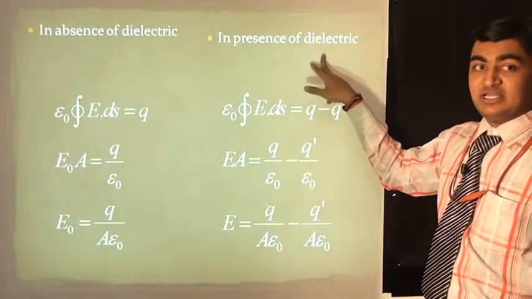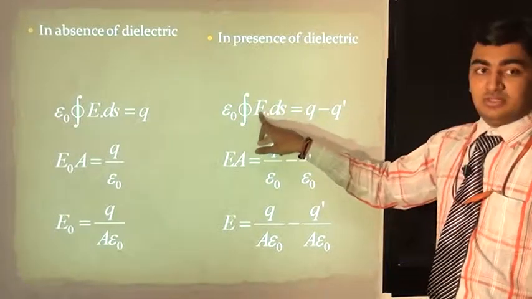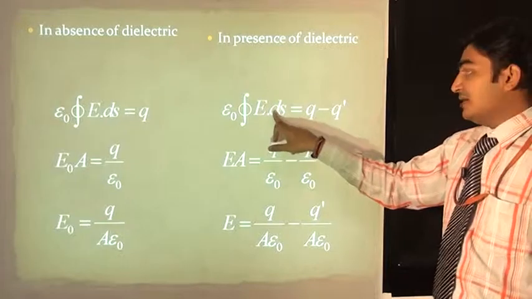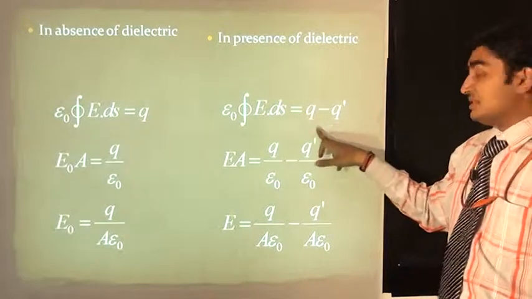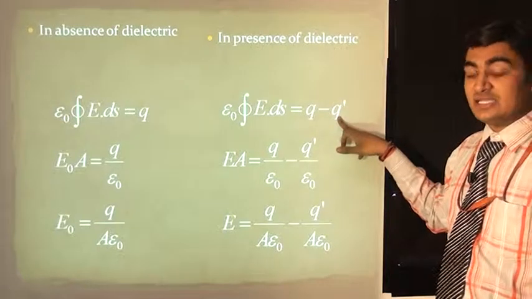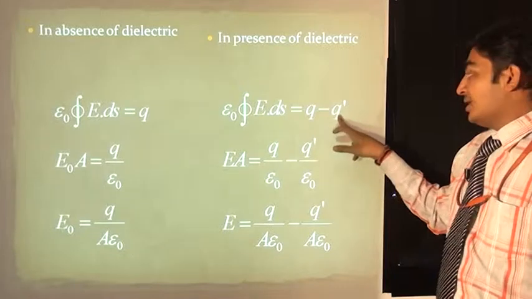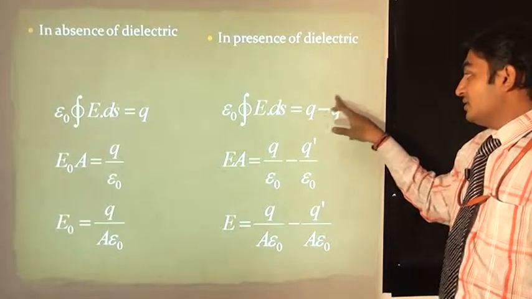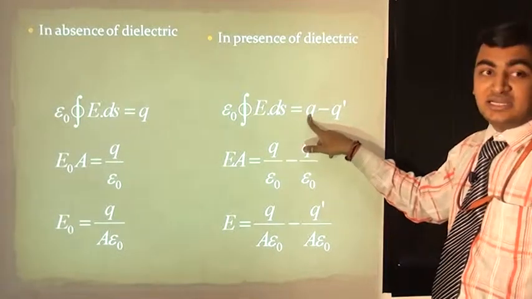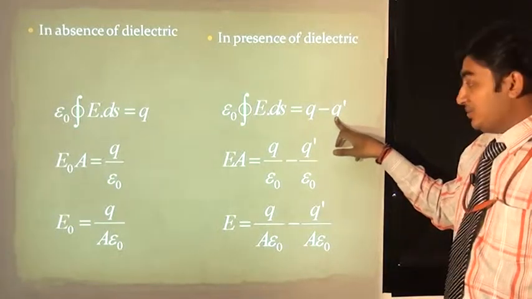For presence of dielectric medium, ε0 integration over the closed loop of electric field and area gives the charge generated by the free space and the charge generated in the dielectric medium. So the total charge is divided into two parts: first is charge in free space and second is charge in dielectric medium.